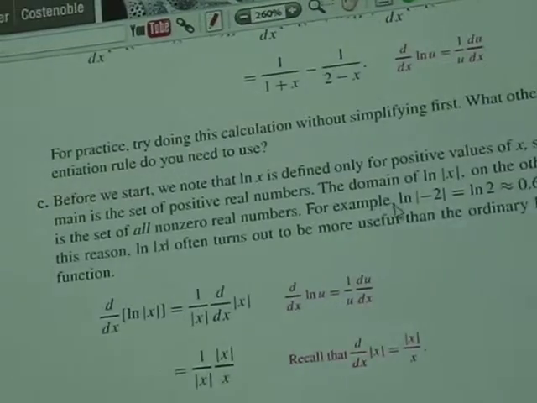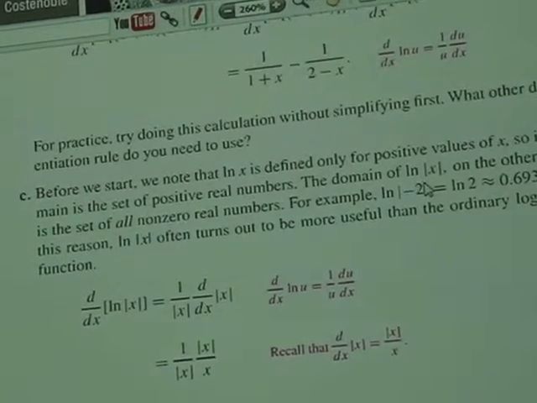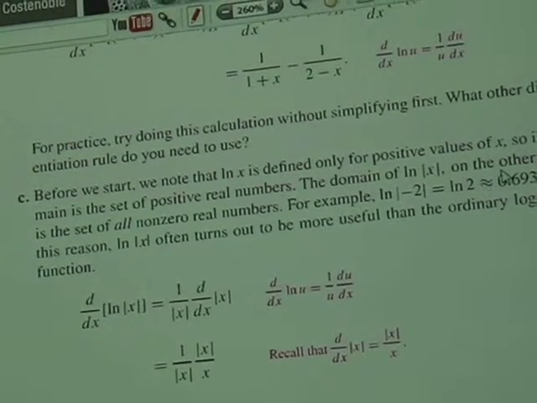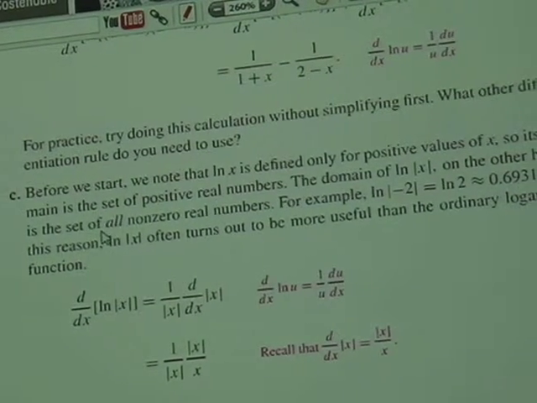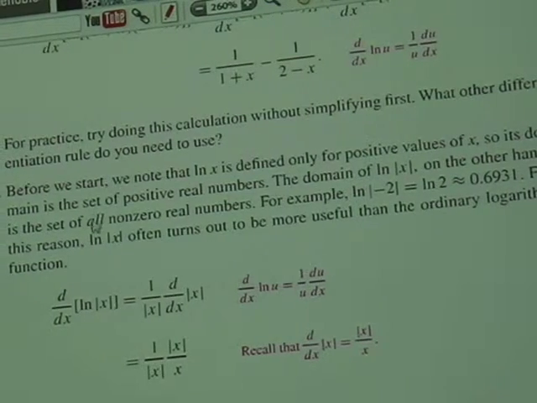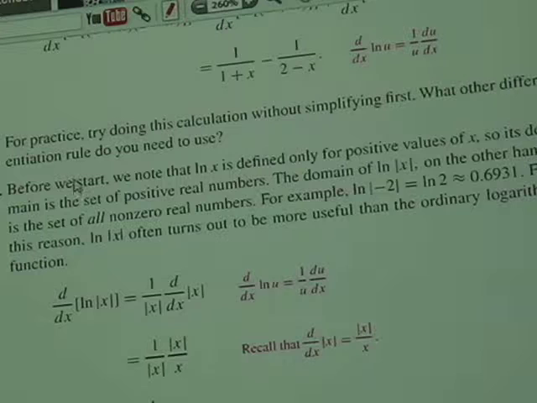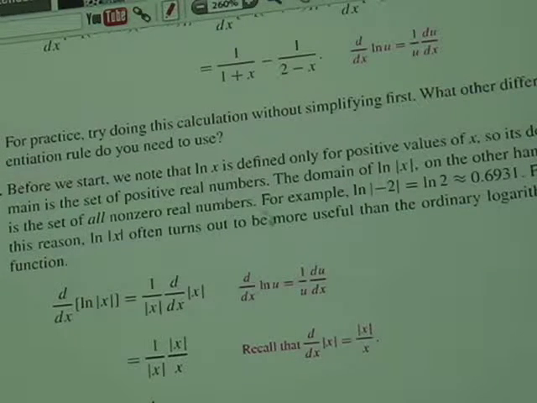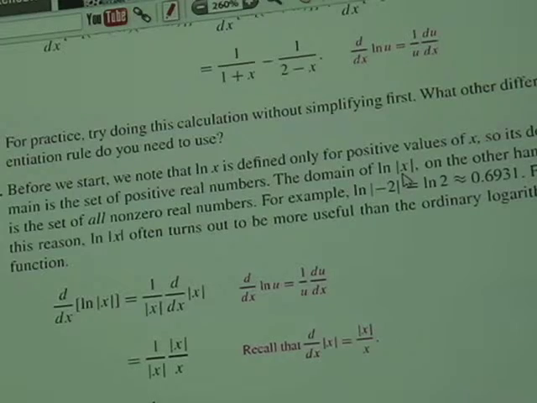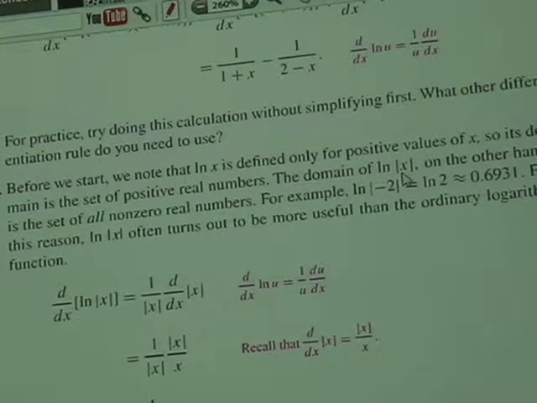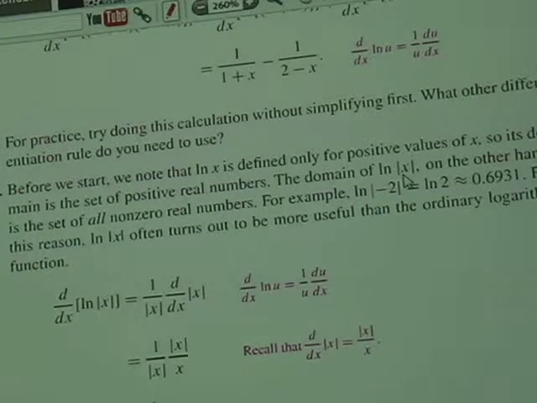The domain of ln of absolute value of x, on the other hand, is what? What about the domain of the absolute value of x? Well then, you're allowed to put in negative values. Why? Because even if you put in negative values for x, when you take the absolute value, it's still positive, right?